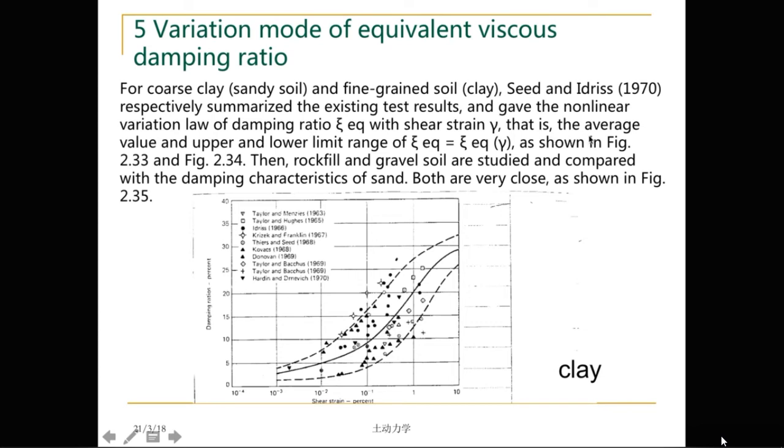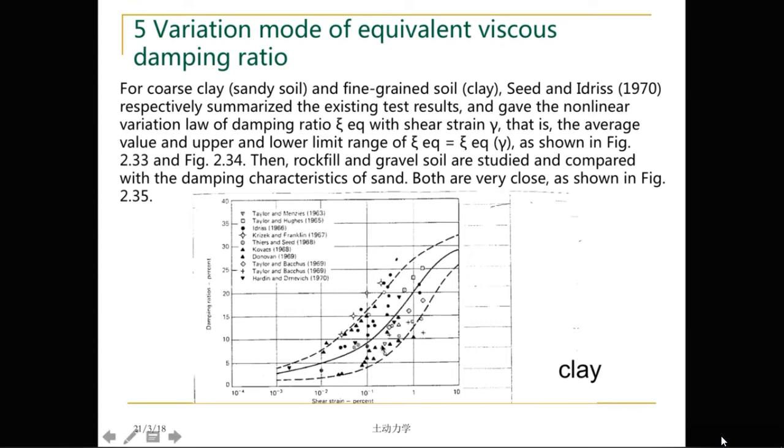That is, the average value of the upper and lower limit range of lambda eq is a function of gamma, as shown in this figure. Then rockfill and gravel soil are studied and compared with the damping characteristic of sand. Both are very close, as shown in the figure.